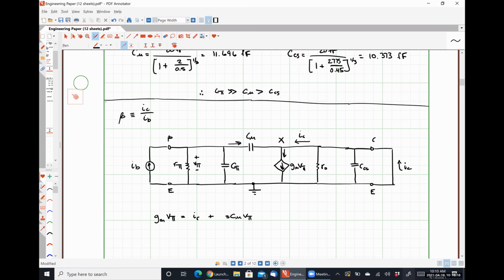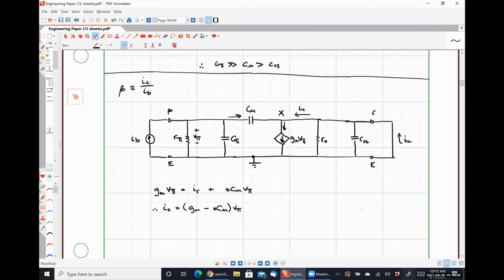I can rearrange this, and I will find that my collector current IC is simply GM minus S C mu multiplied by V pi. So now, hopefully it's fairly obvious, I need to figure out a relationship between that voltage V pi and my base current IB.